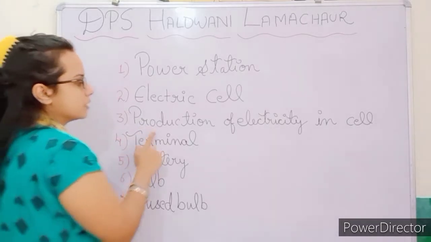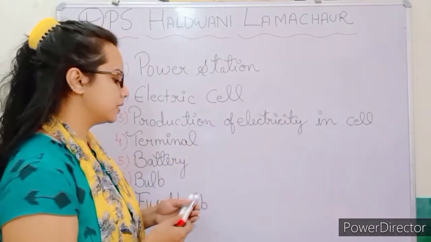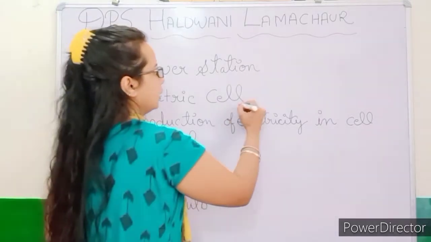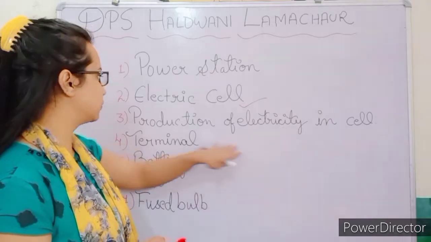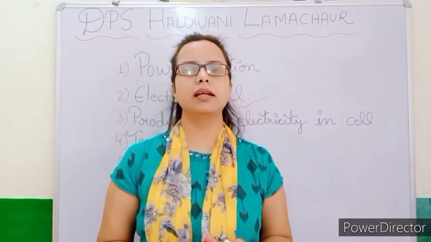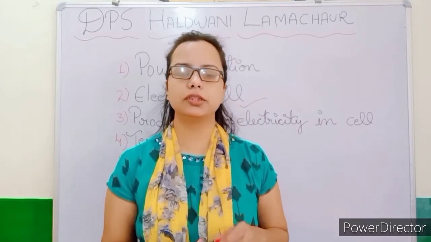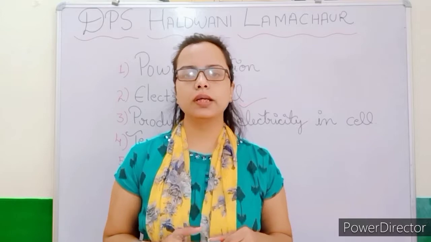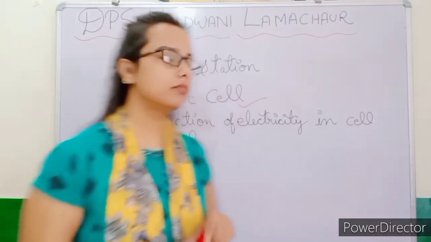The third one is the production of electricity in a cell. Here we are using the electric cell for electricity. So how is this electricity produced in the cell? By making a diagram, I also explained that there is a chemical composition in the electric cell, which helps in the production of electricity.